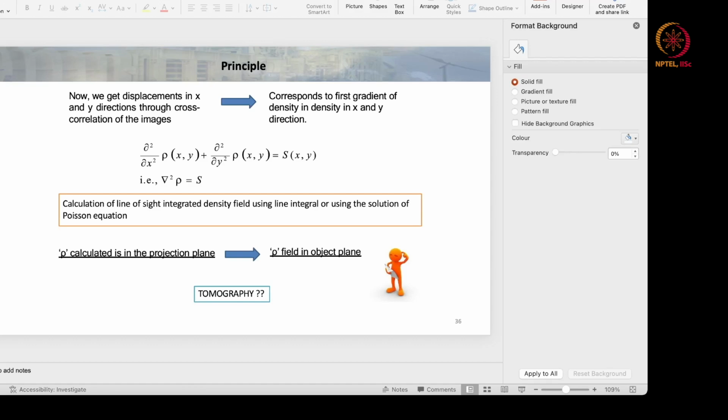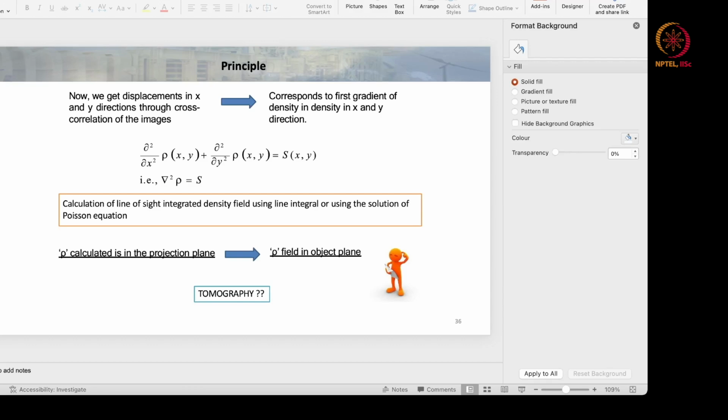But because of the line of sight integrated density field, the natural question is, can we do some kind of a tomography, which is what I would say extracting three-dimensional features, so three-dimensional density fields?